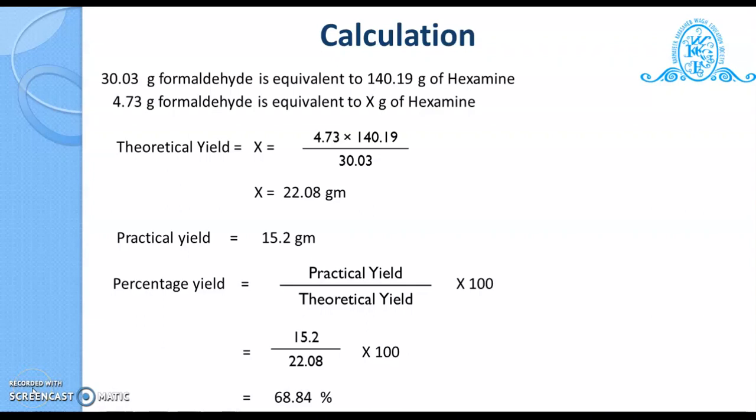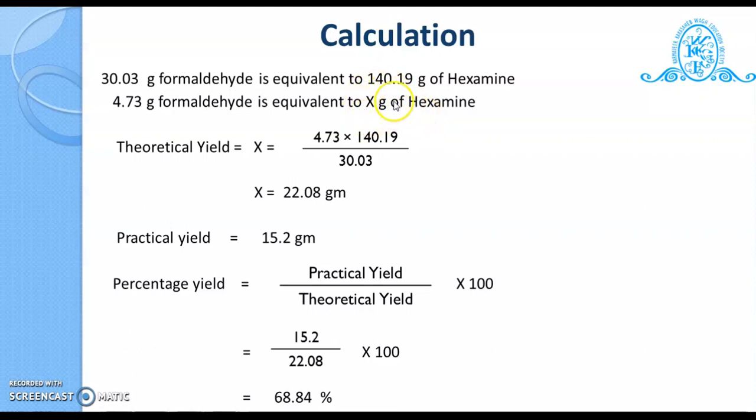So students, after completion of the actual practical work, let us see some calculation part. So firstly we calculate the theoretical yield. Here 30.03 gram of formaldehyde is equivalent to 140.19 gram of hexamine. So here we use 4.73 gram of formaldehyde, which is equivalent to X gram of hexamine.